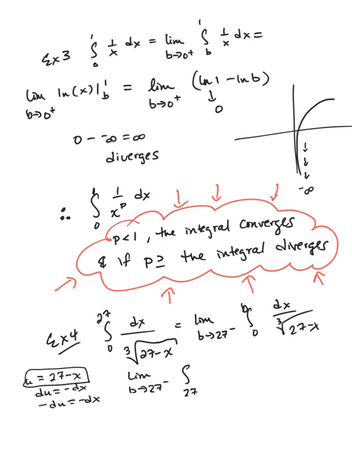And then my upper bound is going to be 27 minus b. But remember, I have the negative here. So I can put that negative outside in the front, or I can put it in front of the integral. I'm going to put it outside front. If you're going to lose track of it, put it in front of the integral. If you're going to lose track of it there, figure out where to put it, okay?